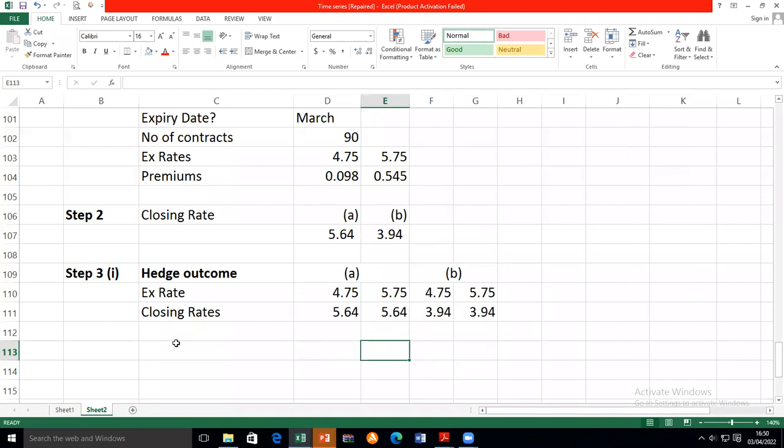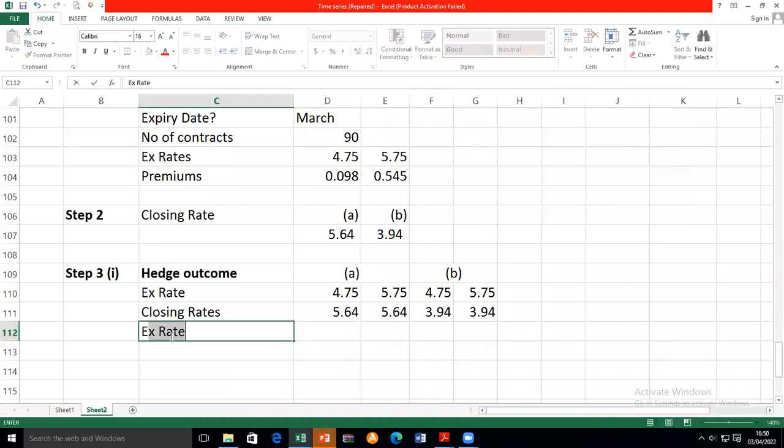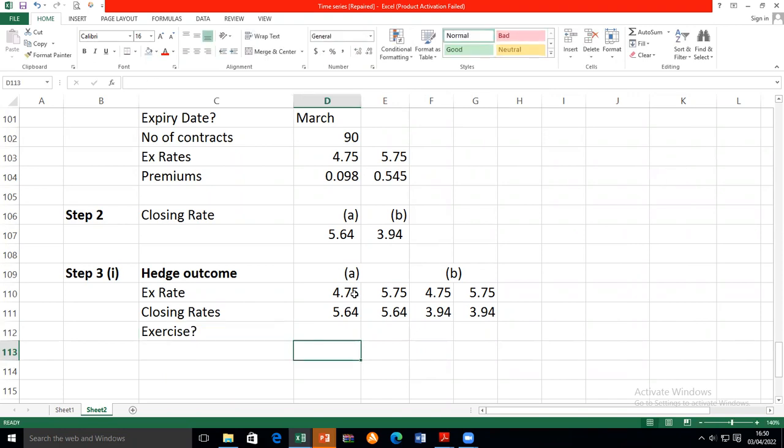Now this is where I'm going to test whether you have followed what we are doing. I'll guide you. You have a right to invest at 4.75, right? This is your right.